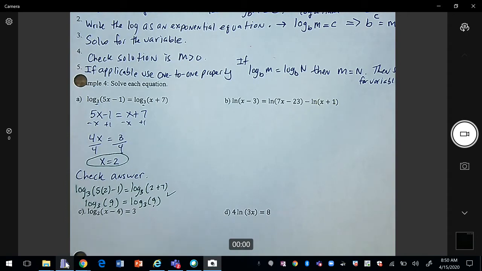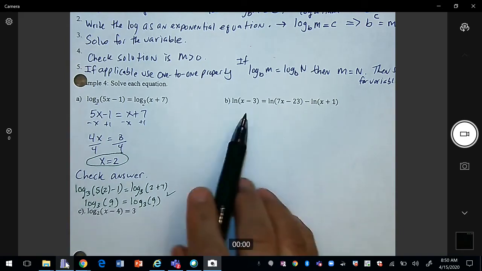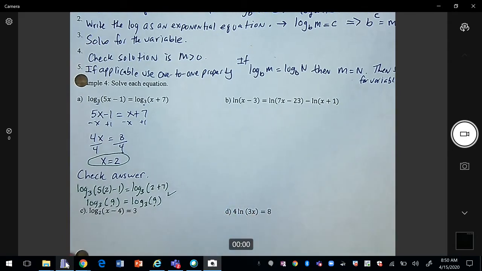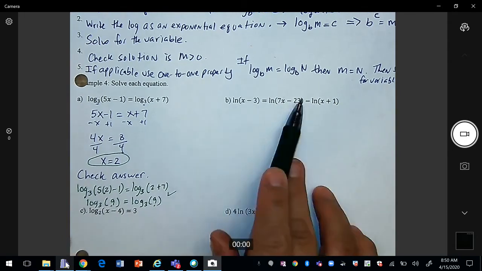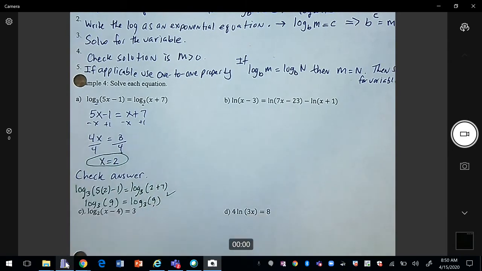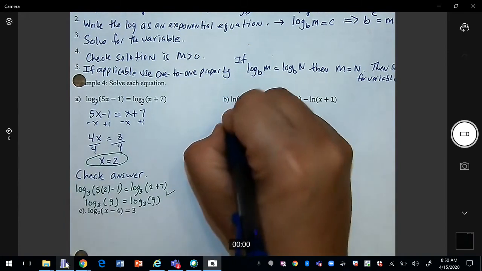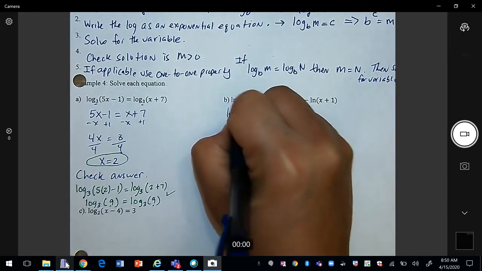So here it's not set up as one log. In fact, it has 3 logs. However, they all have the same base. So if we can somehow have one log on this side and one on this side, then we can use the one-to-one property again. Let's try to combine these with our properties from 3.2.